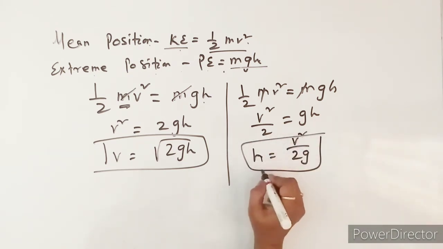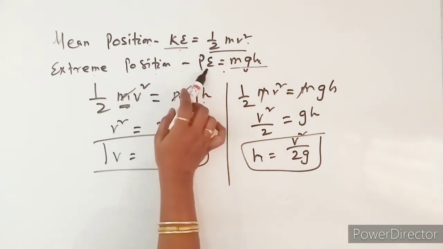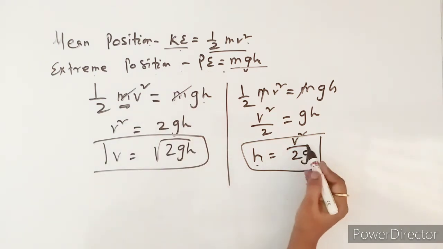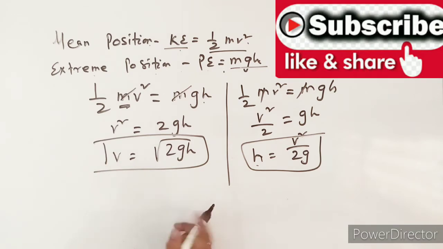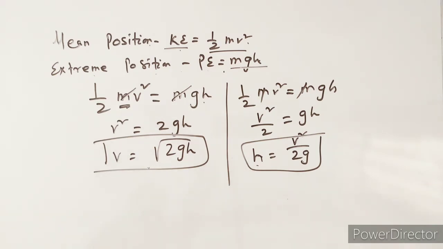This is the height. When kinetic energy is converted to potential energy at the extreme position, if no energy is lost to the surroundings, then v square by 2g is the height to which the bulb can move. So the velocity formula is this one and the height formula is this.